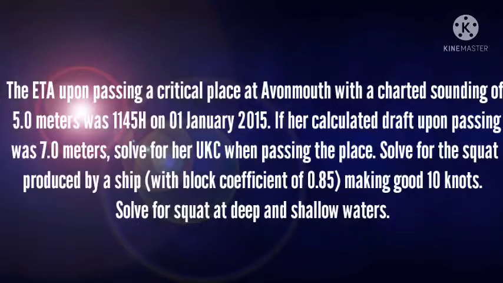If her calculated draft upon passing was 7.0 meters, solve her UKC or underkeel clearance when passing the place. Solve for the squat produced by the ship with a block coefficient of 0.85, making good knots. Solve for squat at deep and shallow meters.